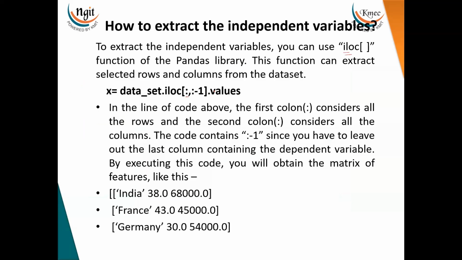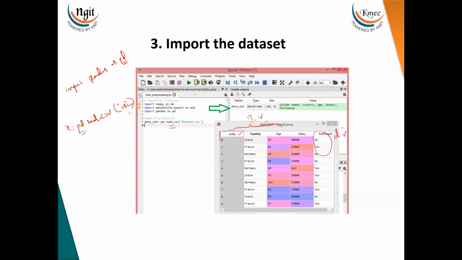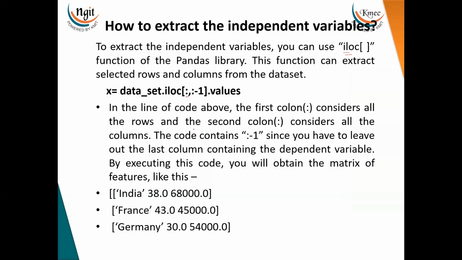That means this syntax says all the rows and all the columns except the last one. Except for that, all the remaining rows and columns we are going to display. That is what this iloc function does, and this is how we extract the independent variable.